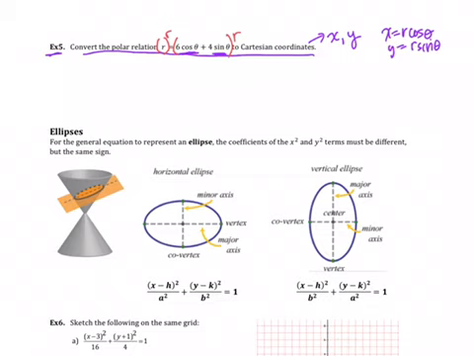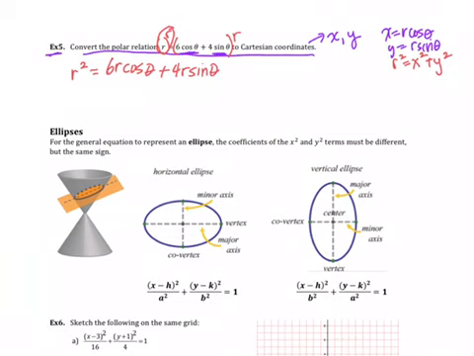Well, that's awesome, because the other thing we know is that r squared equals x squared plus y squared. So on the left-hand side, r times r is r squared. And that's exactly what I need to get it in terms of x and y. On my right-hand side, I have 6r cosine theta, and I have 4r sine theta.